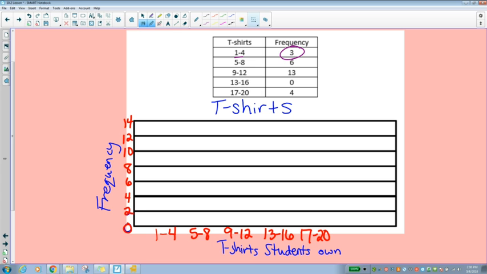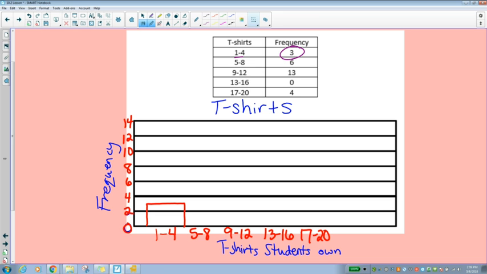So I'm going to start my bar going up halfway between 2 and 4, and then I'm going to come over, and notice my bar is fairly wide. And then I'm going to drop my bar so it's halfway between the 1 to 4 interval and 5 to 8, because the bars on my histogram have to touch.